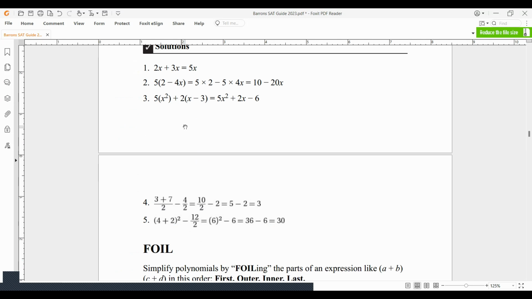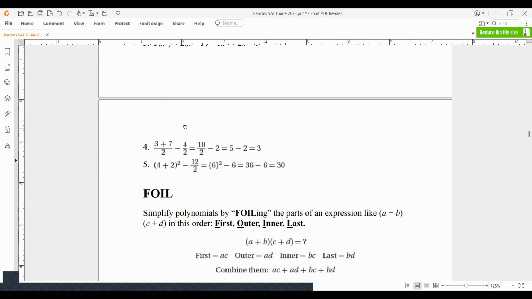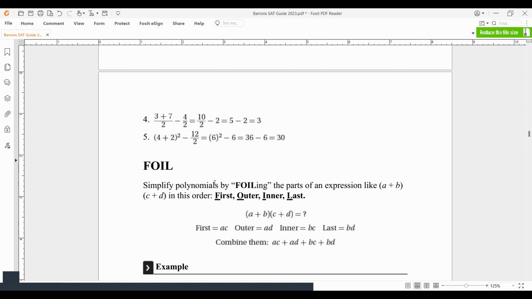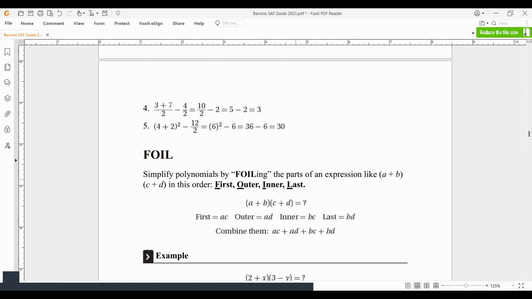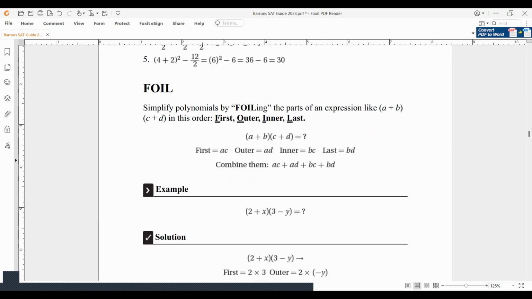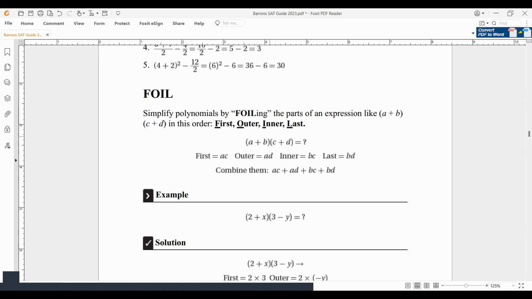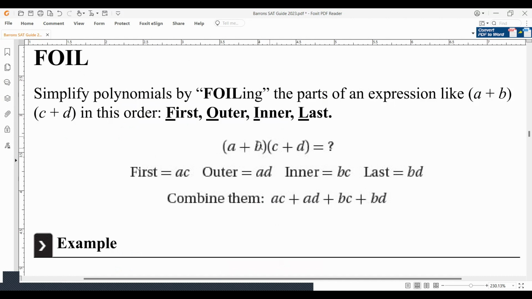Okay, so the FOIL, what is foiling basically? FOIL is telling us that we are interested in simplifying polynomials. What is the meaning of simplifying polynomials? You can see that we are writing (a plus b) closed in the parenthesis, and then (c plus d).